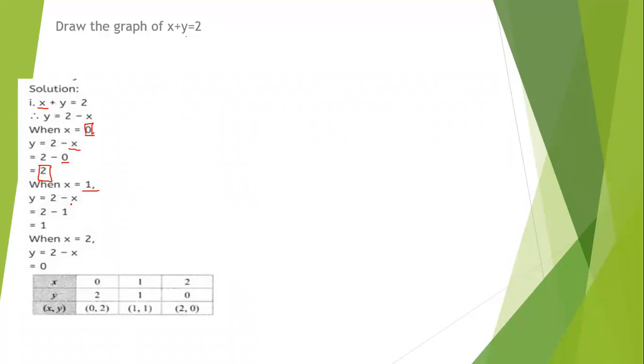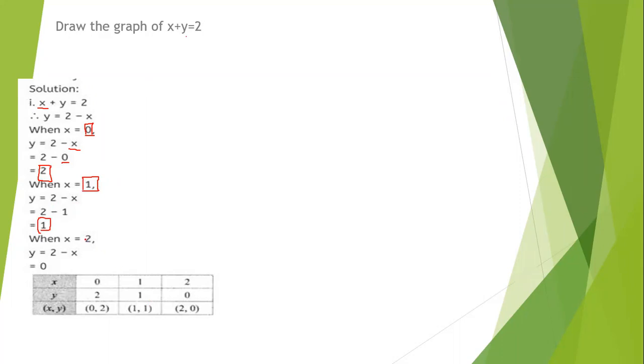In place of x, we will write the value as 1. So 2 minus 1, the answer is 1, right? So when the value of x is 1, the value of y will also be 1. So this I have written over here 1, 1 and that is 1, 1.